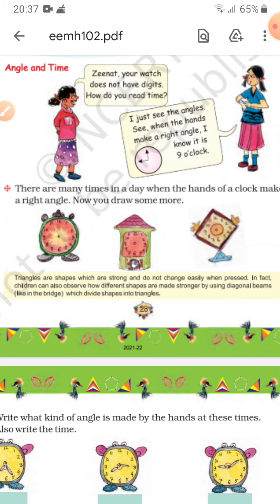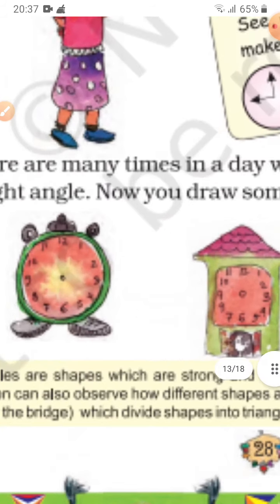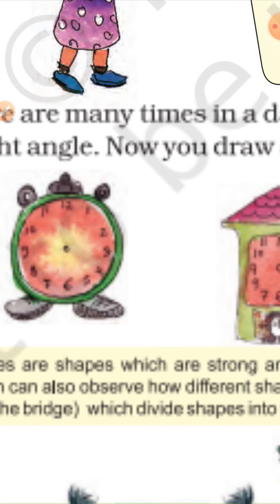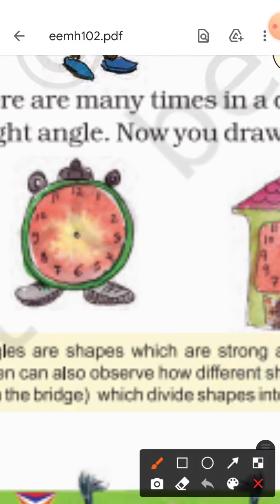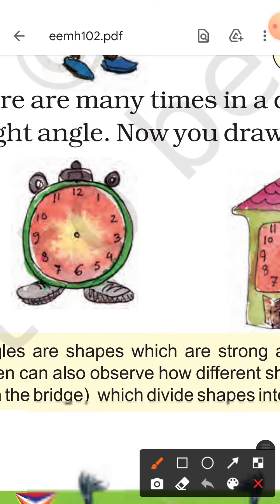Now you have to draw some more. If you try to draw a right angle in the clock by using the hands, one we can do like that way. One right angle is looking like that.